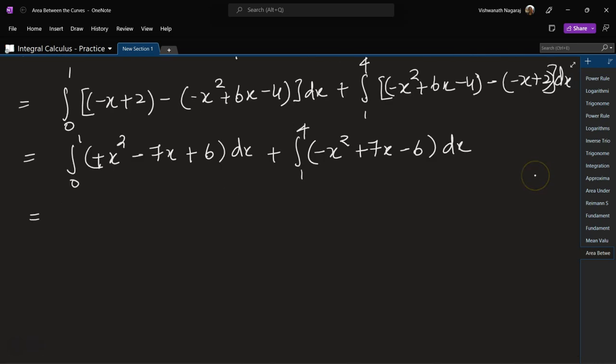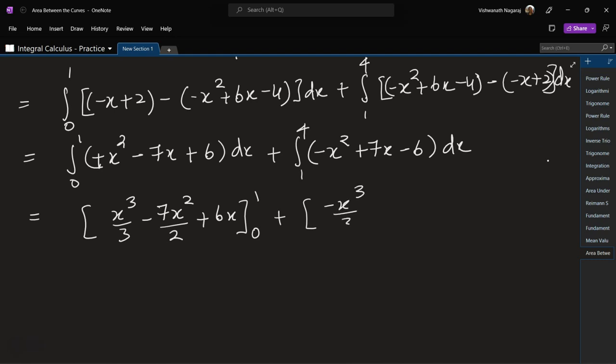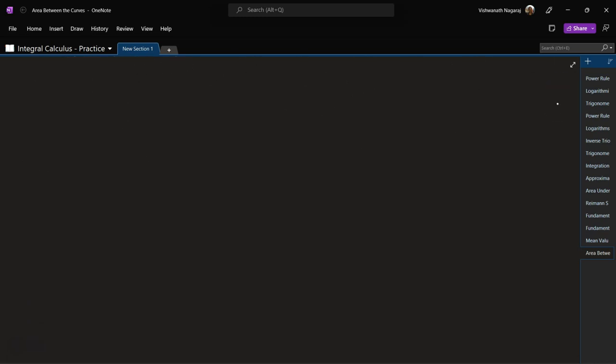And now if we integrate, we get x cube by 3 minus 7x square by 2 plus 6x from 0 to 1 plus minus x cube by 3 plus 7x square by 2 minus 6x from 1 to 4. And if we go about solving all this, what we get is 49 by 3. That is the area between the curves. Okay, so that was the 10th one.